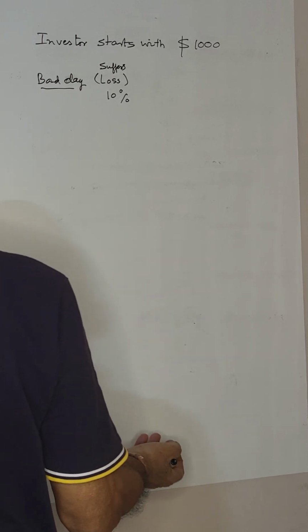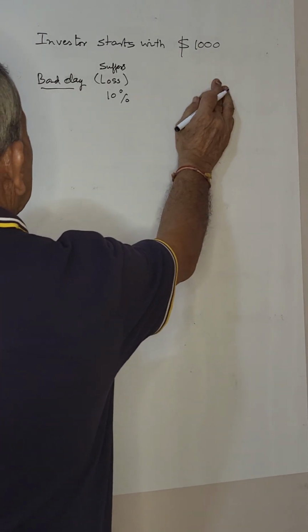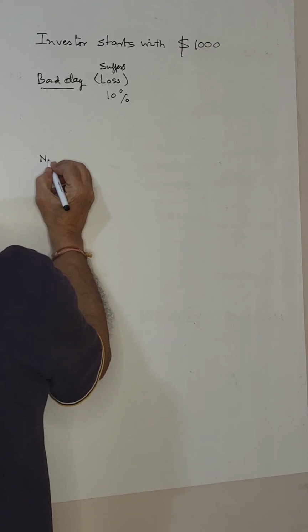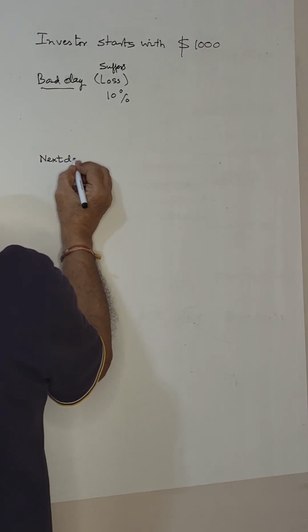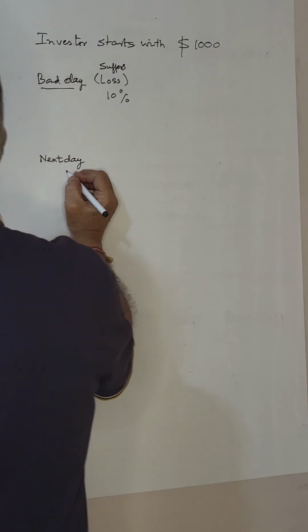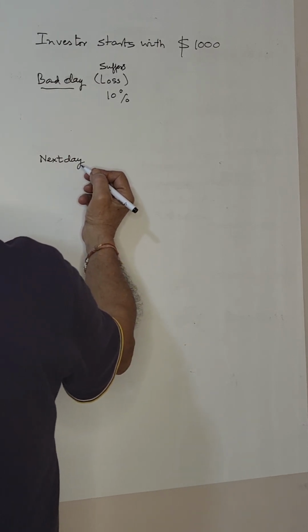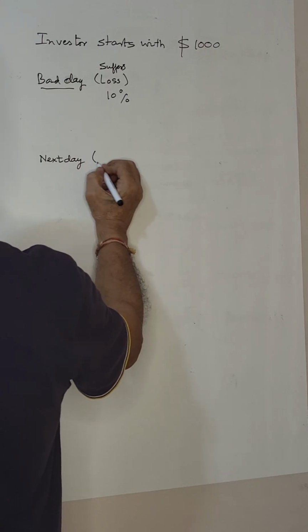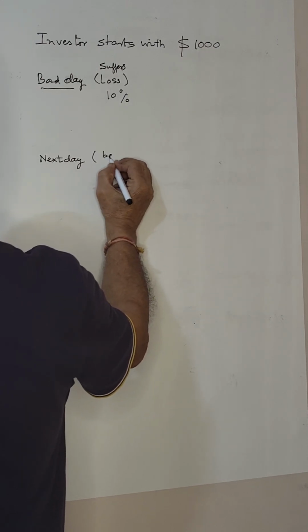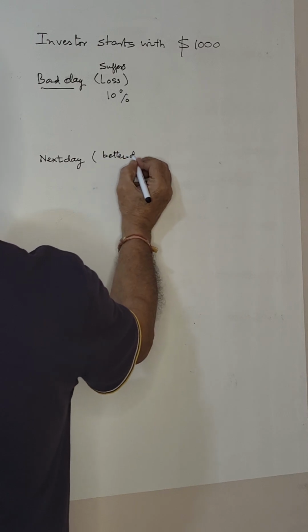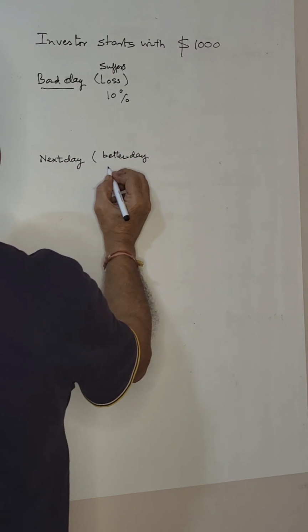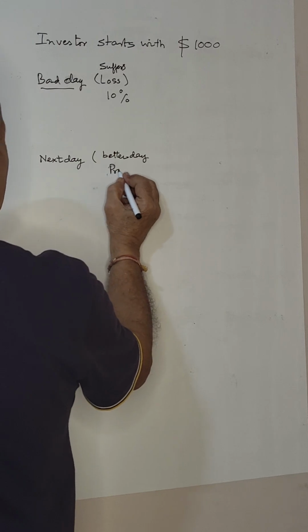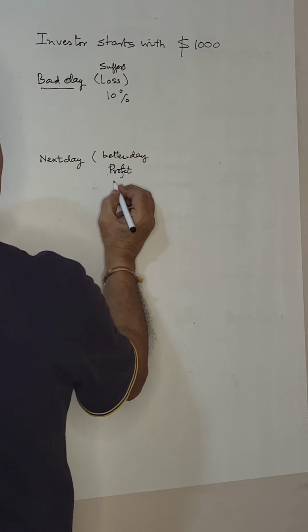Then the next day, whatever amount he gets, he again invests on the next day, and the next day is a better day, and he gains a profit of 10%.